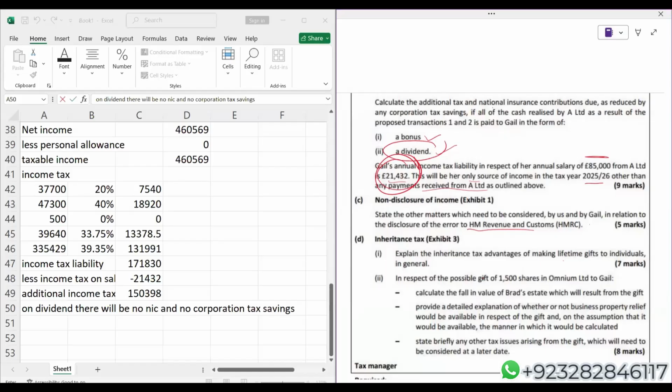Another benefit is the lifetime gift annual exemption, available in each year, which is £3,000. Another benefit of gifts during life, general benefits, gift in case of marriage, a certain amount is exempt. Small gift exemption, £250 per donee per tax year is exempt.